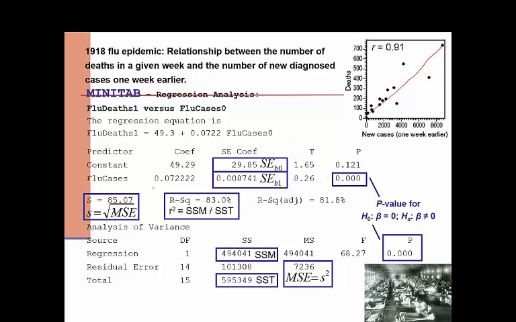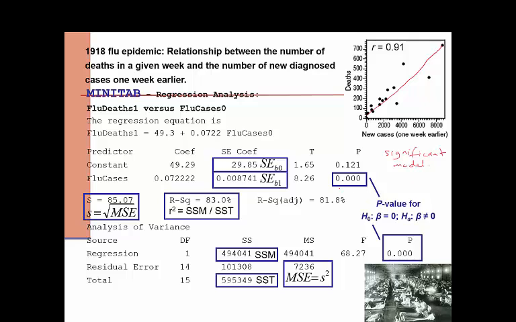And if we feed it to Minitab, it tells us all this output. You can find the R squared value, SSM divided by SST. You can look at the p-values. They have to be the same, because there's only one x variable. And therefore this model is significant, i.e. I can use it.